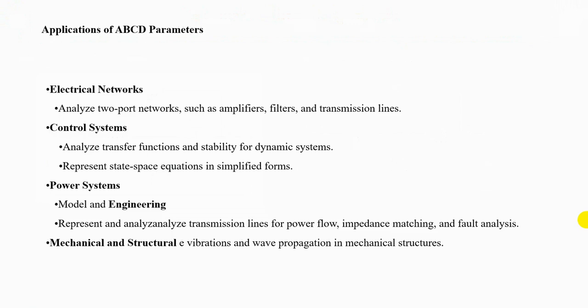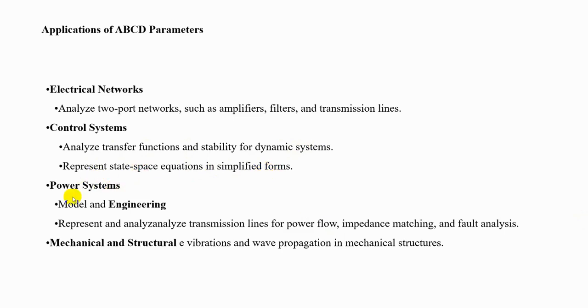Before we proceed further, these are a few applications of ABCD parameters, which are also known as transmission line parameters. In networks, analyzing two-port networks, simplifying amplifiers, filters and transmission lines. In control systems, analyzing transfer function and stability for dynamic systems, and representing state space equations in a simplified form.